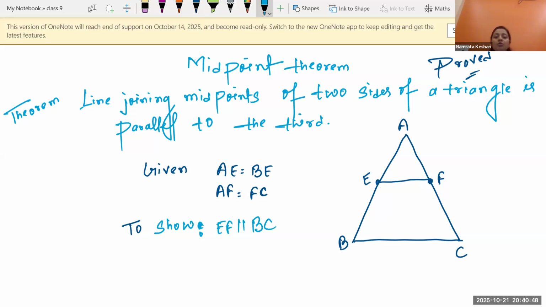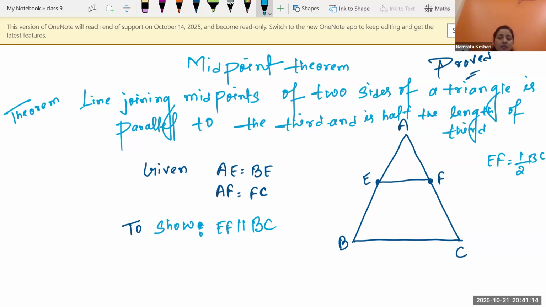Meanwhile, we will also be able to prove that EF is half of BC. So it can be given in the question that the line joining the midpoints of two sides of a triangle is parallel to the third side and is half the length of the third side. If this much of the statement is given, then we need to prove EF is half of BC.